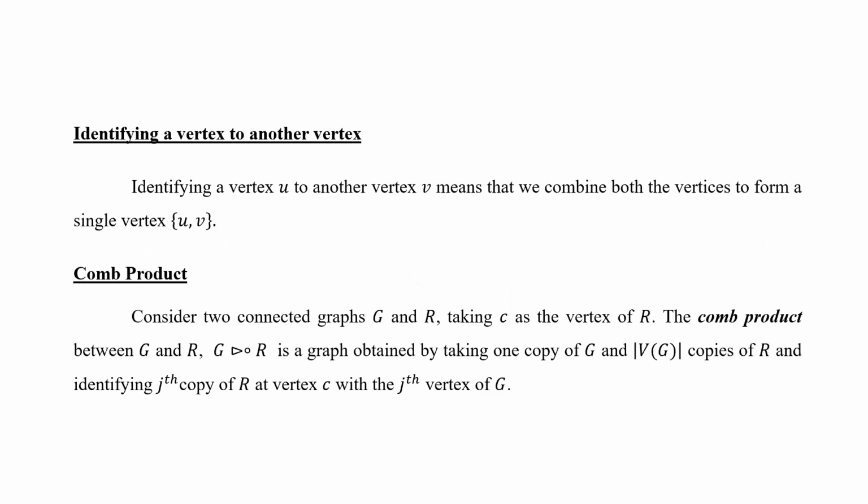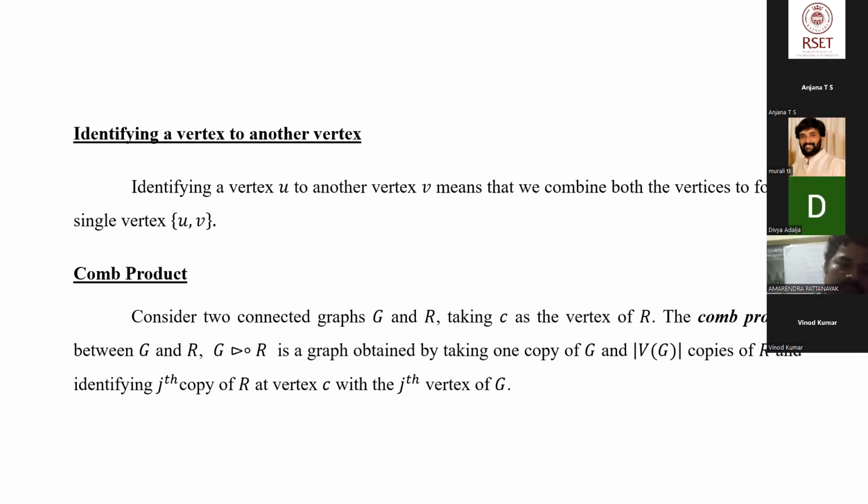Now let's look into what is the comb product of graphs. To understand the comb product, we need to understand what it means to identify a vertex with another vertex. Suppose we have two vertices u and v. Identifying the vertex u with v means that we combine both vertices to form a single vertex (u, v). Now let's look into the definition of the comb product.